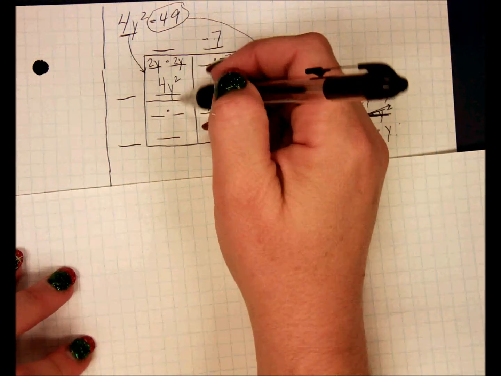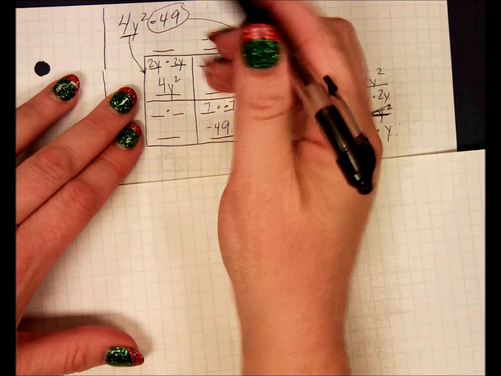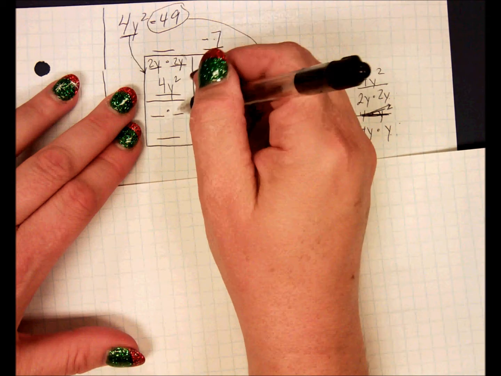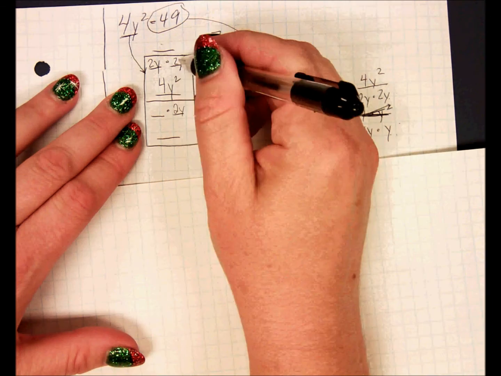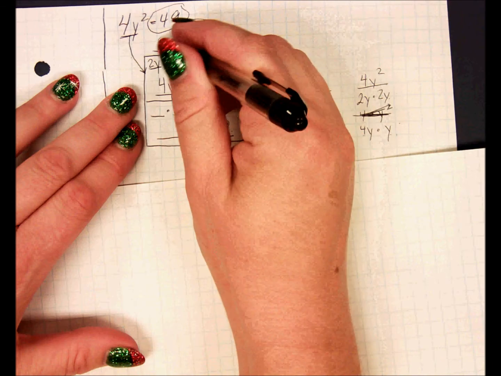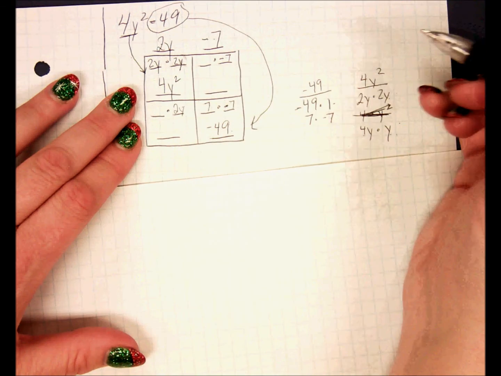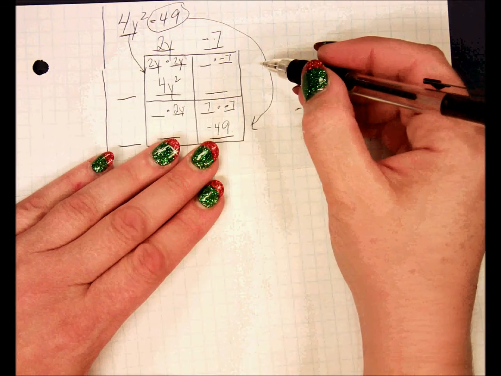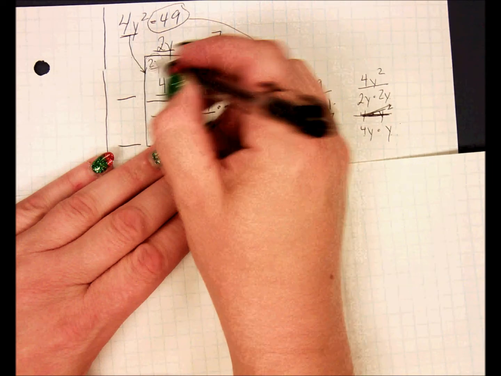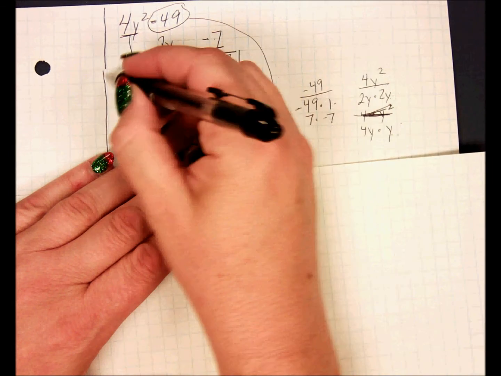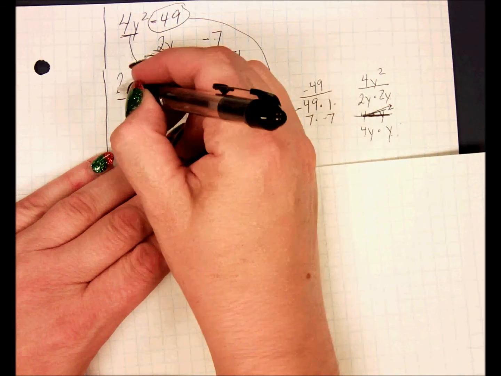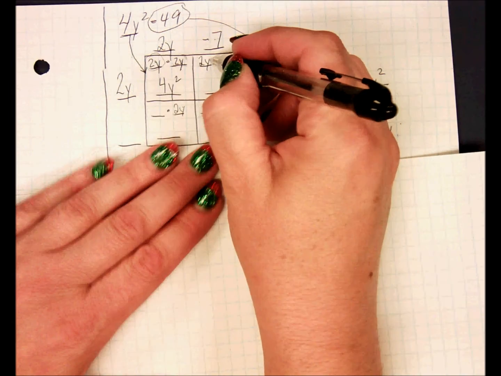In this column, remember from chapter 5 that we said, okay, these two, whatever's here, we put here. So we know then this has to be 2y. If we come across this way, we know this one right here has to be the same in all boxes. So coming across this way, we have 2y and 2y.